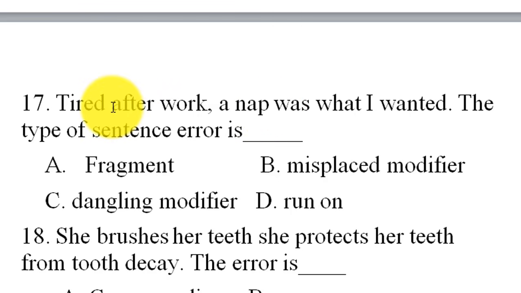It doesn't have any object, so I want to make the subject parallel: tired after work, I took a nap. But tired after work a nap was what I wanted.